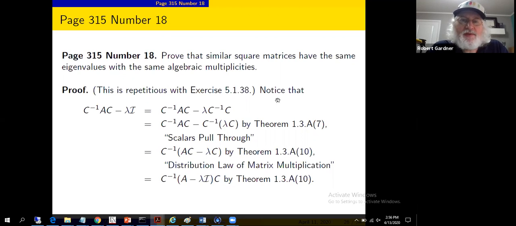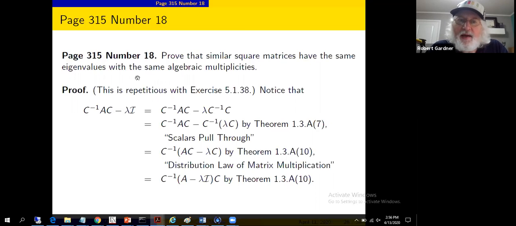Okay, so suppose we consider C inverse AC minus lambda I. We're taking a matrix A and multiplying it by C, with C inverse given.